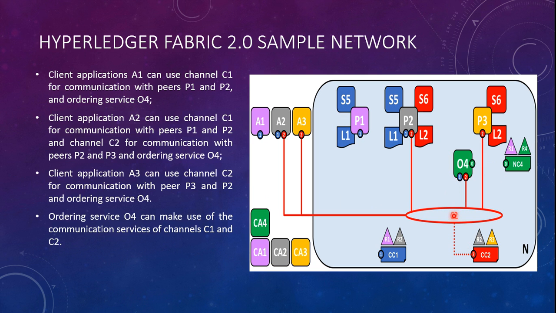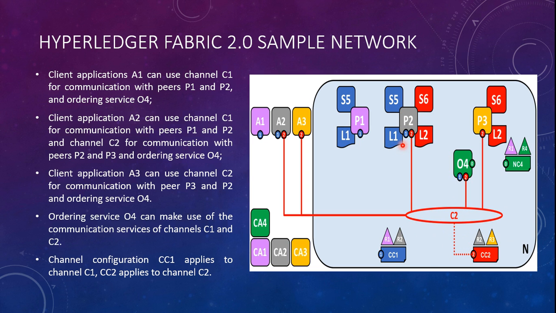So ordering service O4 can make use of the communication service channels C1 and C2 both. Channel configuration CC1 applies to channel C1 and CC2 applies to channel C2. So this channel C2 has peer P3 and peer P2. Peer P2 will be hosting two ledgers.